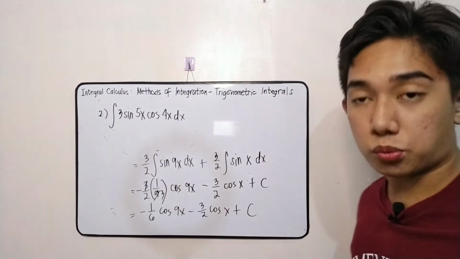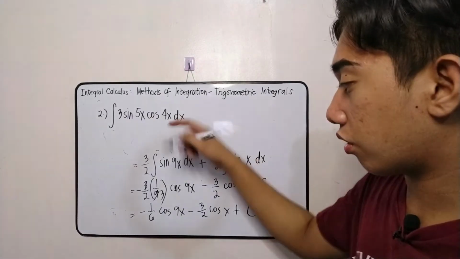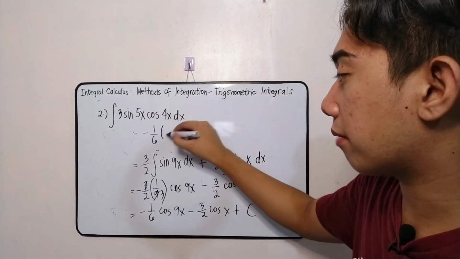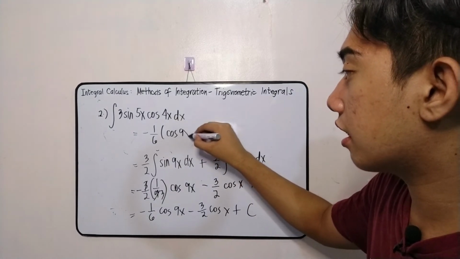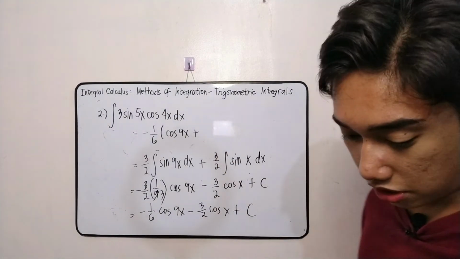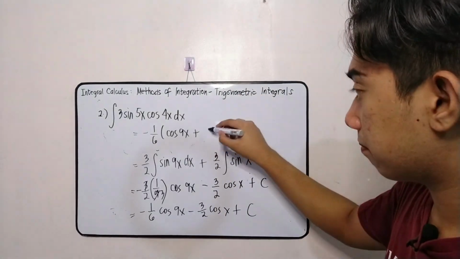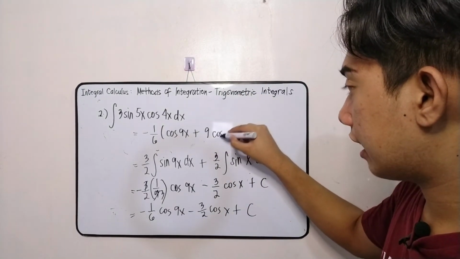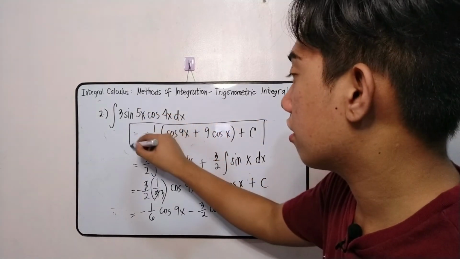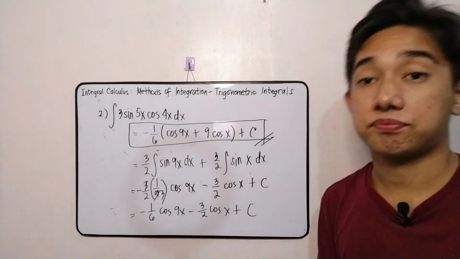So the common factor is 1/6 kasi mas madali yung 1/6 or negative 1/6. So that it becomes negative 1/6 times cosine 9x plus, we divide it by 1/6, the answer is 9 cosine x plus c. So this is your final answer.